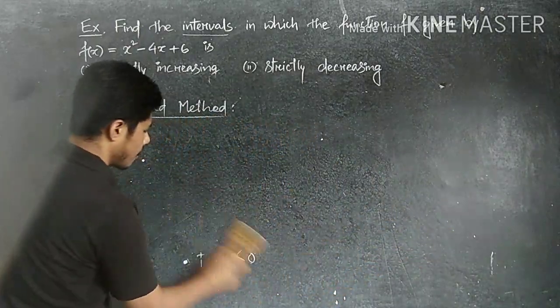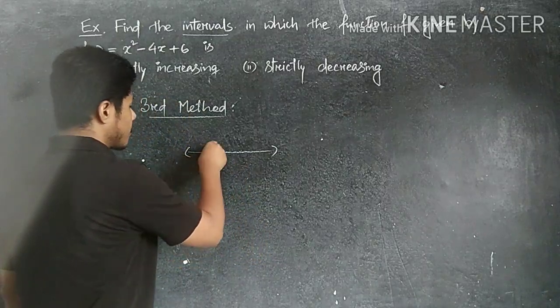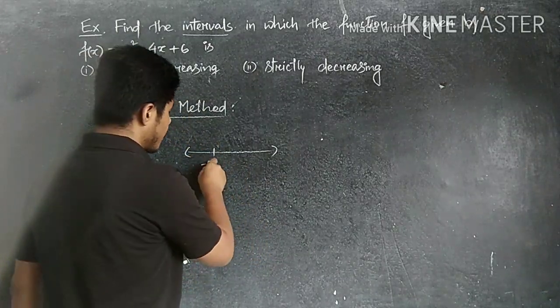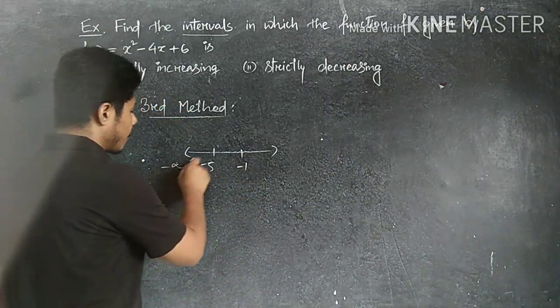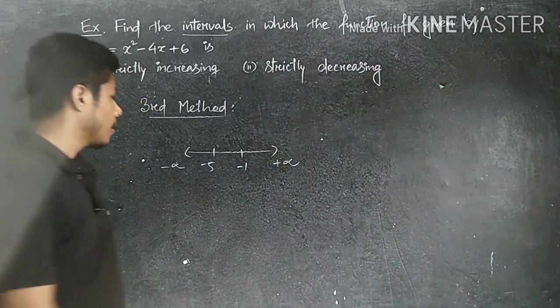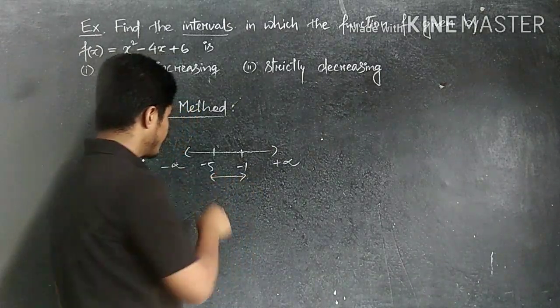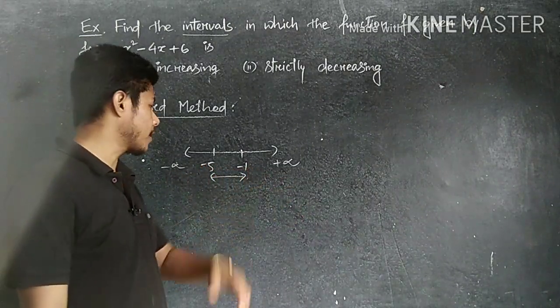In this case, suppose the interval is like this, and two points are there. One is suppose -5, another one is suppose -1, and minus infinity and plus infinity at the ends. What will be the interval between them?